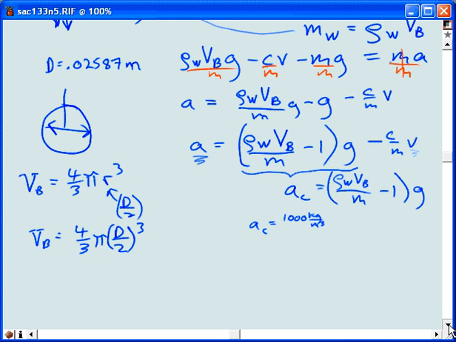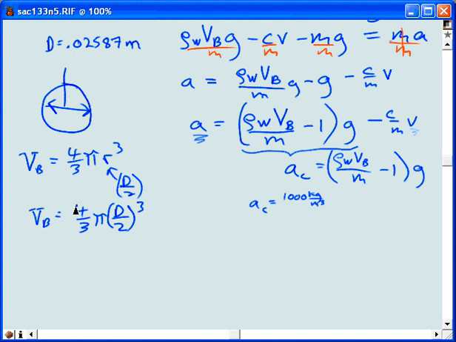Alright, 2 cubed is 8, so I've got an 8 in the denominator. 4 divided by 8 is a half, so it's pi over 6 times d cubed. Or the volume of the ball, I'm emphasizing that it's a capital V here because I've got a small v for velocity in the same problem, is pi over 6 times 0.0258 meters all cubed.